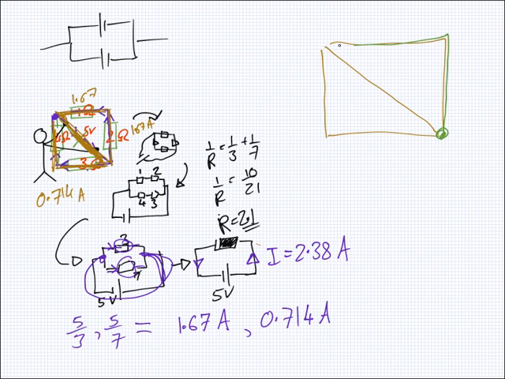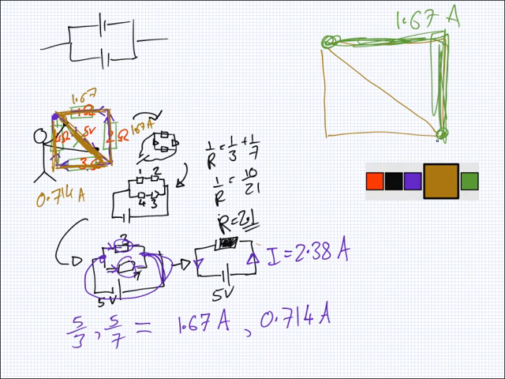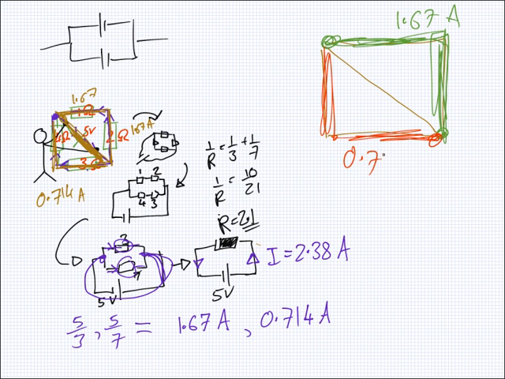Here to here is 1.67 amps, and then here to here was 0.714 amps, and then they combine here to make 2.38 amps. So this is the picture at the end of the current. 3 different currents in this circuit.